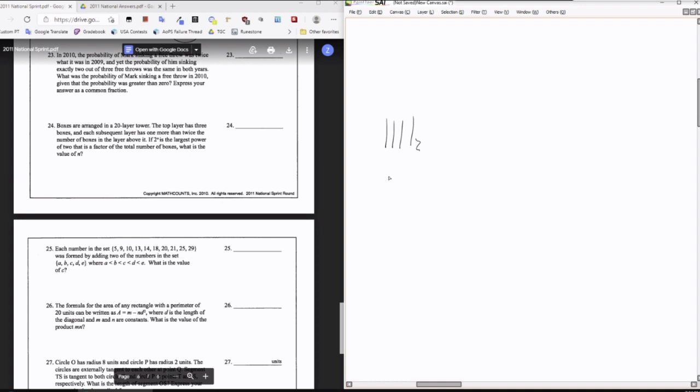And then 2 to the n plus 1 is just a 1 in that place with zeros all afterward, right?